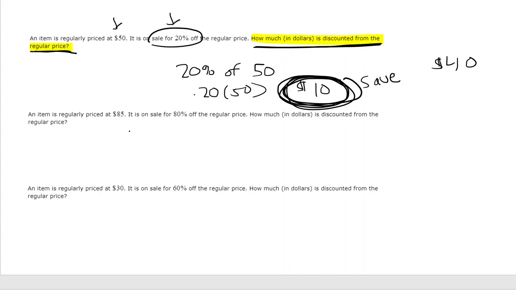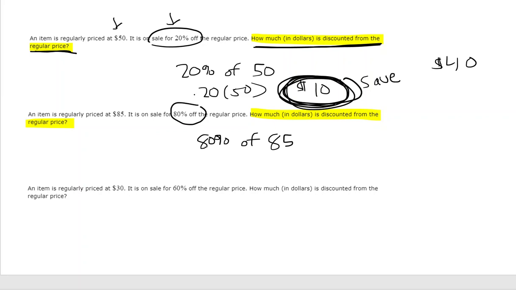An item is regularly priced at $85. It is on sale for 80% off the regular price. How much is discounted from the regular price? Okay, so to do this, we take the $85, and because it's on sale for 80% off the regular price, we're going to figure out what 80% of 85 is.